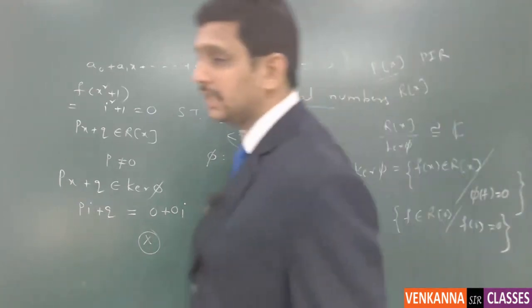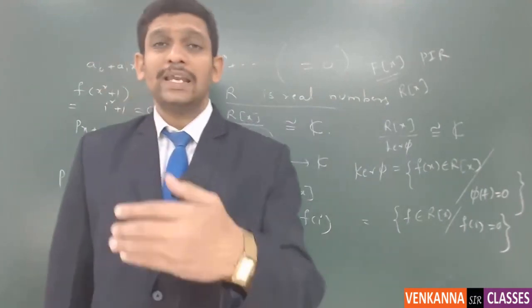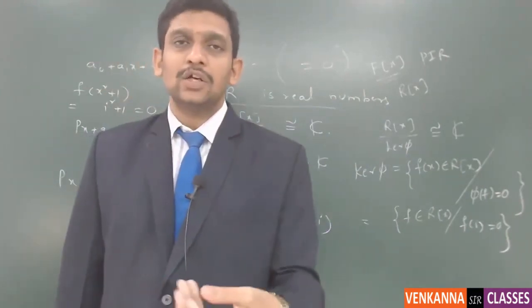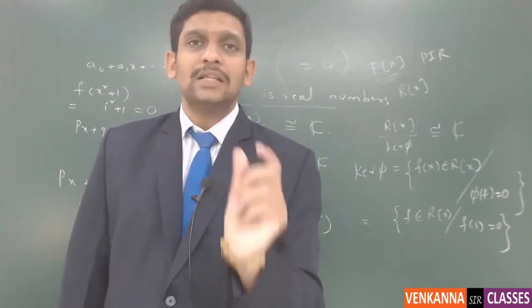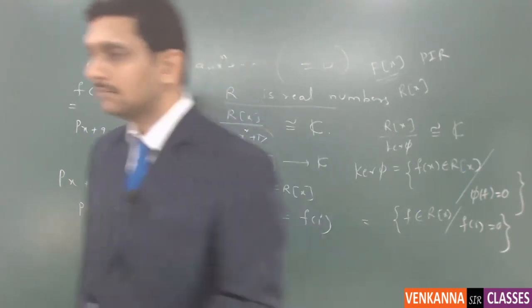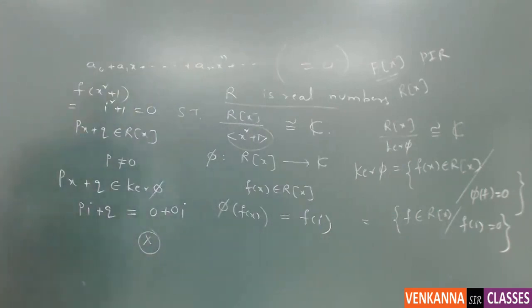And another interesting thing is that while calculating the principal ideal, we observe in the proof that it is generated by the smallest degree polynomial. Accepted? Did you get it?